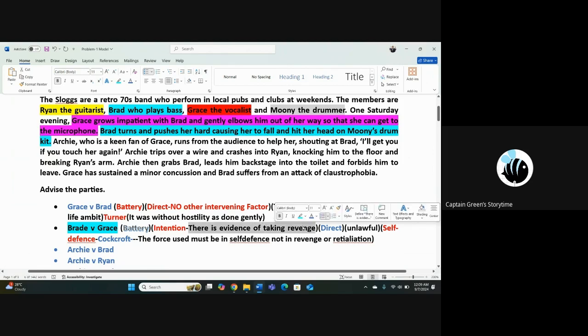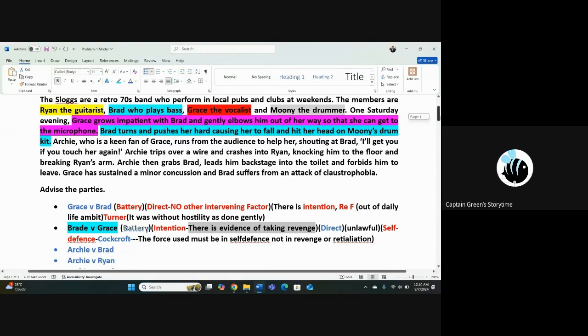Thus, if you are claiming self-defense, you should write that whenever a person is acting in self-defense, he should not use that force in revenge or retaliation. This is according to the case of Cockcroft. If a person is using that force for retaliation or revenge, as we studied in intention that he did it for revenge, the self-defense is not applicable.